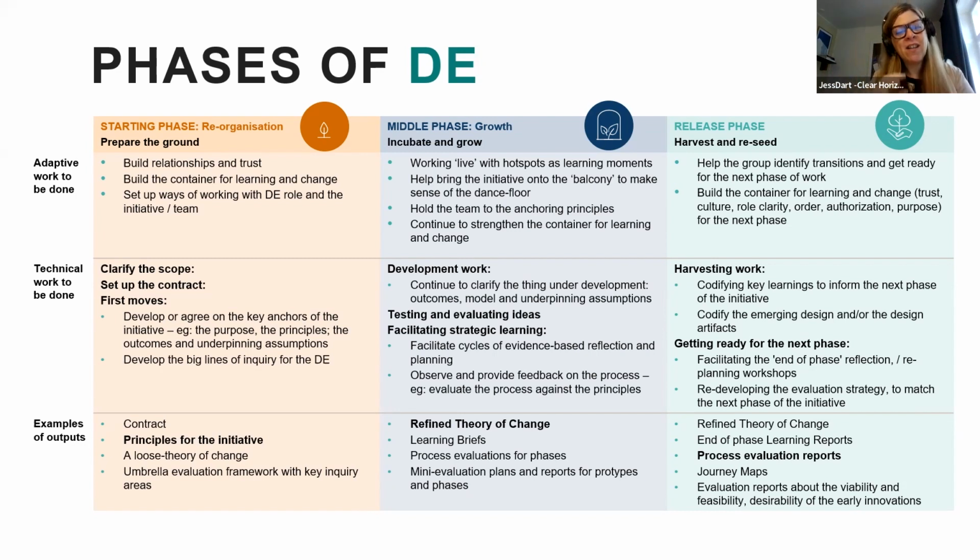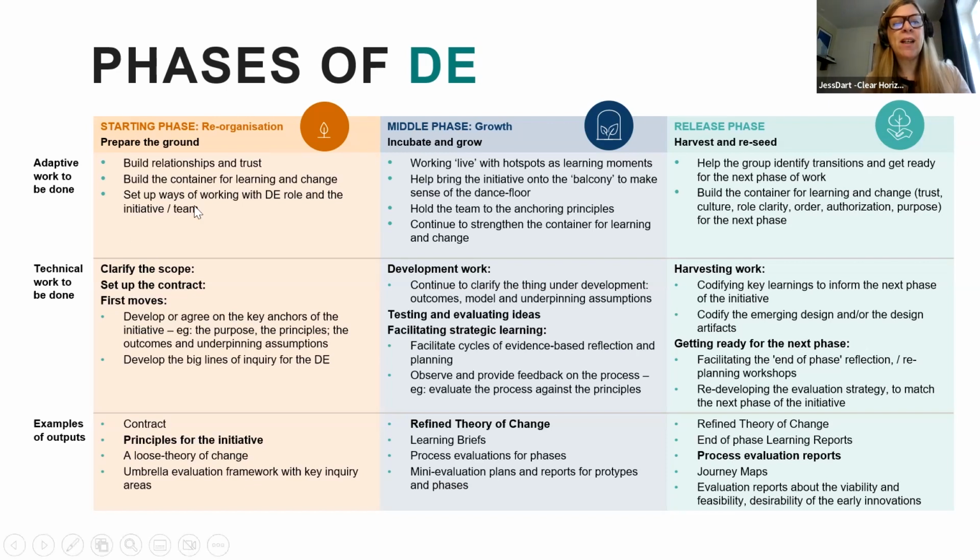I've described it in terms of the adaptive work to be done and the technical work to be done. So we often think about evaluation as a technical thing, like collecting data, doing theory of change or logic. But there is also work to do that's more about how we show up, how we build relationships, which is really important.